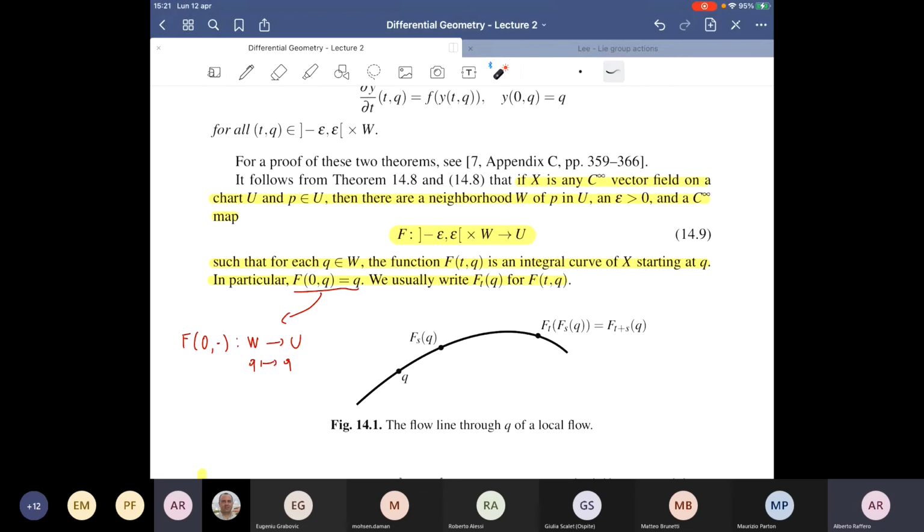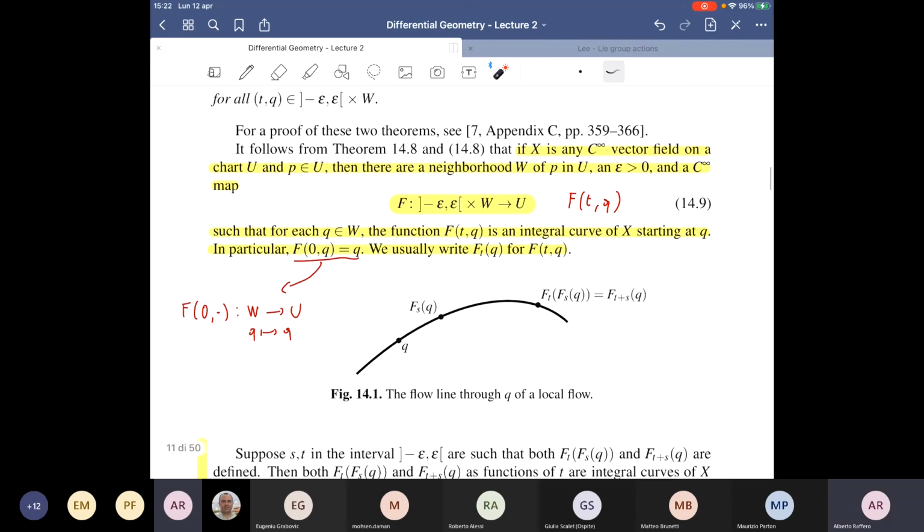So in this case, what we have is that this function F_t(q), if you consider q to be fixed, is none other than the solution, the integral curve of the vector field starting from the point q at t equal to 0. And in particular, if you put t equal to 0, you will get that this function, which will now be a function from W to U, is none other than the identity.